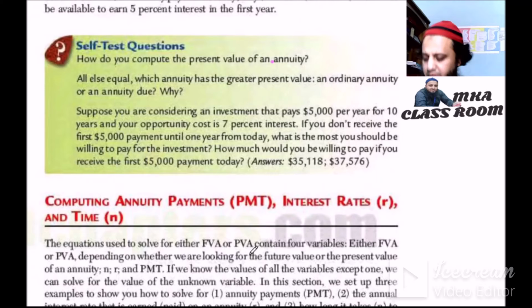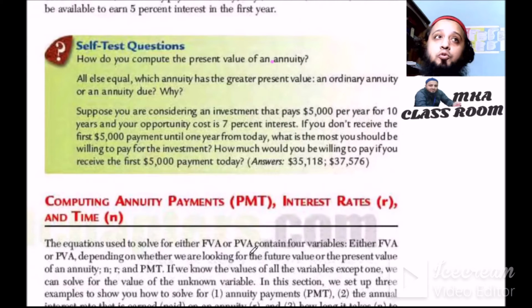So, this problem says suppose you are considering an investment, that means if you make an investment today, then you will receive 5,000 taka per year for 10 years. Your opportunity cost is 7%.